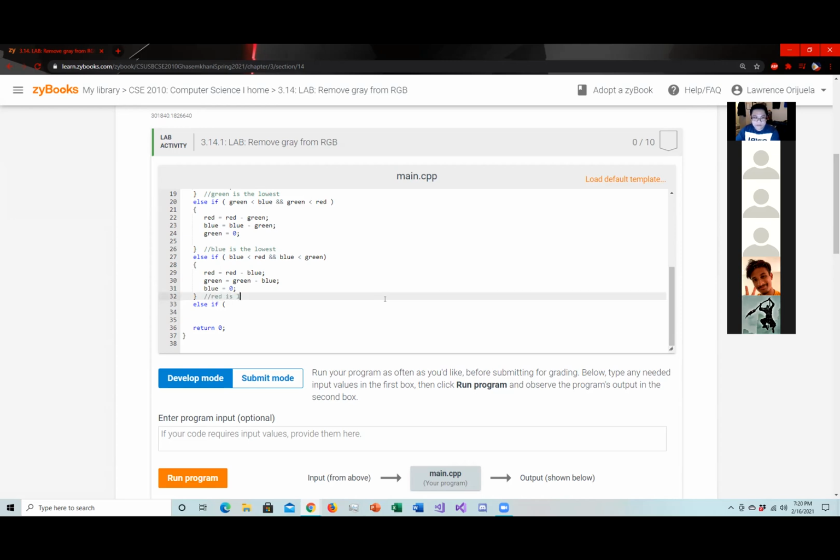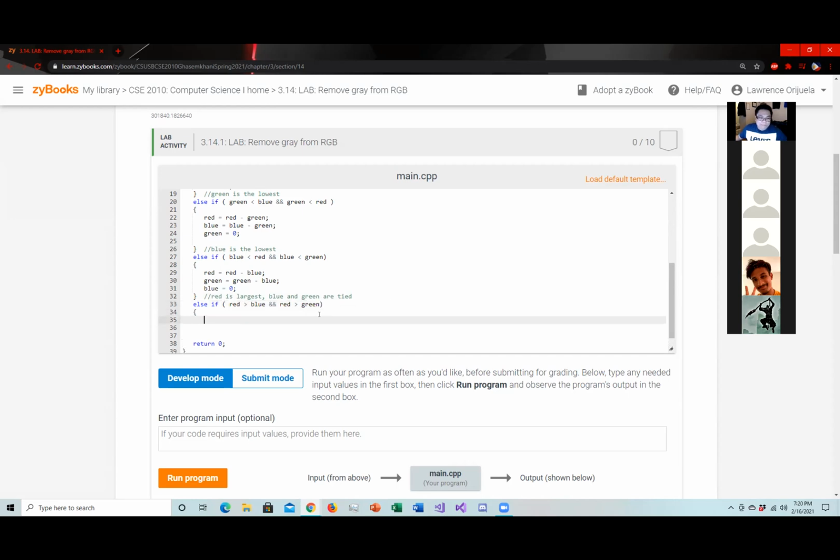Red is the largest and blue and green are tied for the lowest. So if red is the largest, then we'd say if red is greater than blue and red is greater than green.